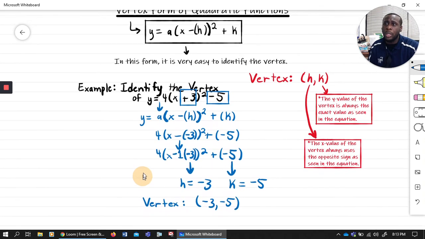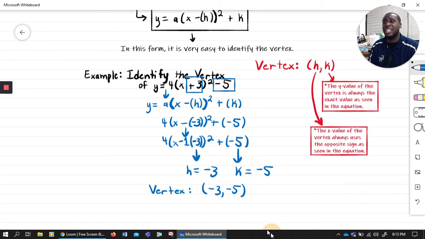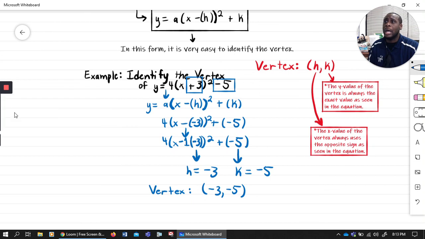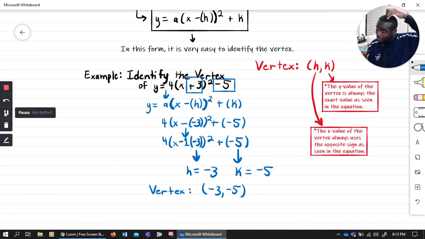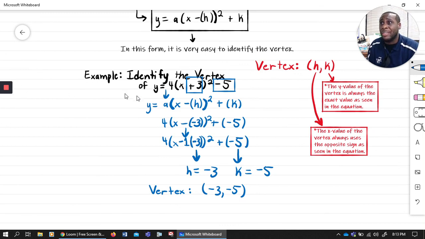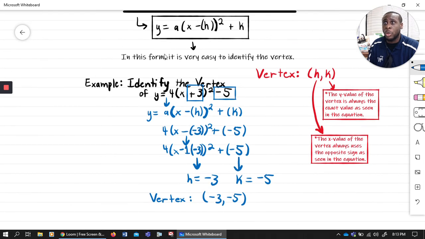But guys, before we look at a different example, let me make sure that I explain what the a value helps us to determine. Again, we use the h and the k from the vertex form to determine what the vertex is, but let me explain what the a does.